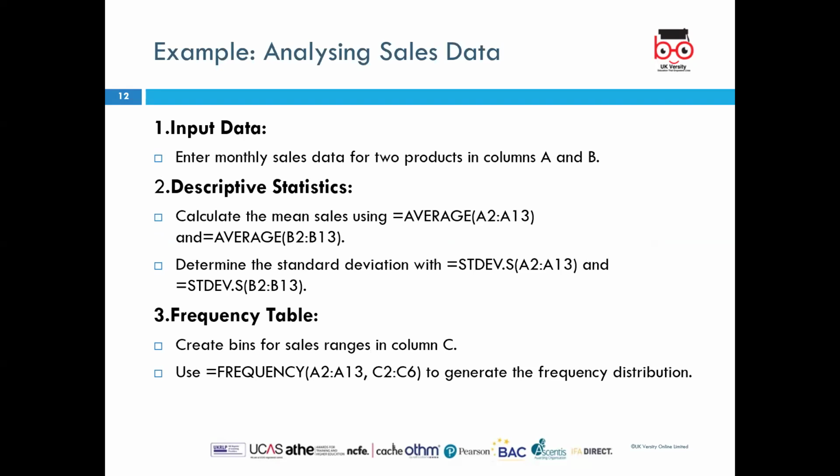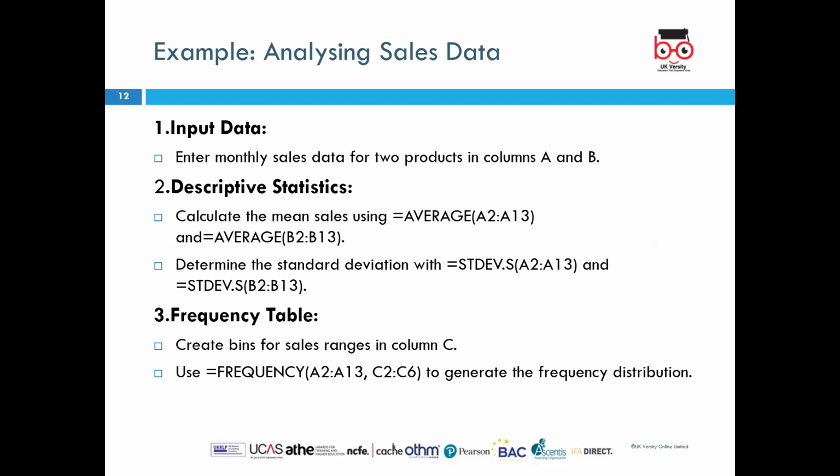So here is an example of analyzing sales data. We input data, entering monthly sales data for two products in column A and column B. We then describe our statistics.